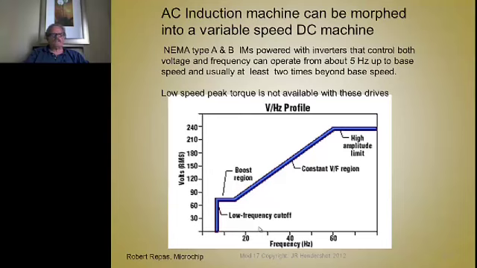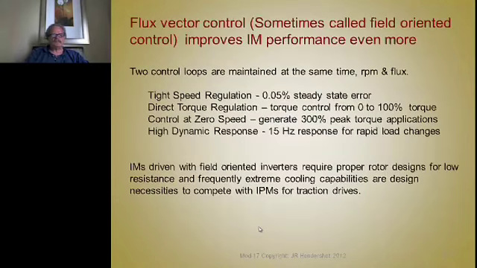where you control both voltage and frequency. With the fixed ratios you can operate from about 5 hertz up to base speed, but if you have a flux vector drive you could go right down to zero frequency, zero speed, because there are two control loops that are maintained at the same time, RPM and flux.